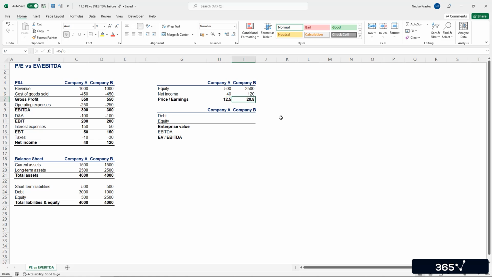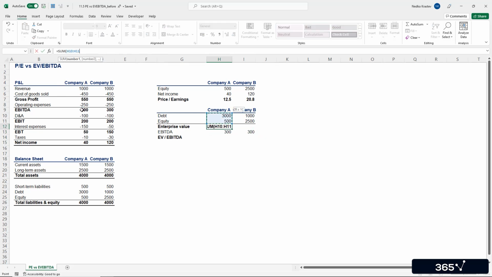The next thing we want to do is calculate the enterprise value over EBITDA multiple. We already have EBITDA, and that's great. However, enterprise value is a metric that isn't immediately available in the P&L and balance sheet. We have to calculate it.